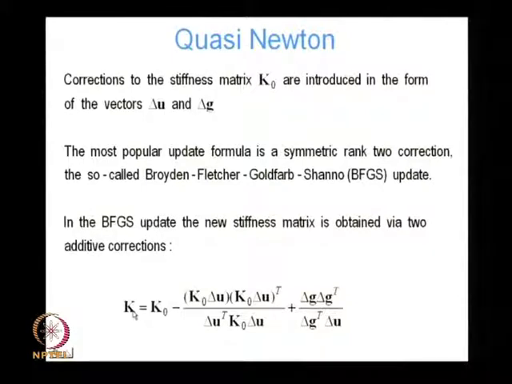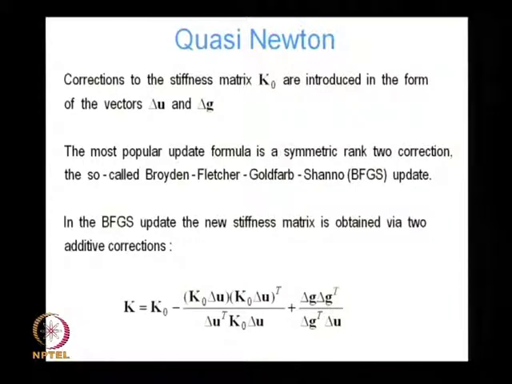The inverse of my new updated tangent stiffness after my quasi-Newton update is going to be totally different from K0. So, in that case what is the advantage? Since the new tangent stiffness is totally different from my K0, do not I have to factorize it? Do not I have to invert it again? The cost is going to be exactly the same. An n square matrix I have to again invert. So, where is the saving?